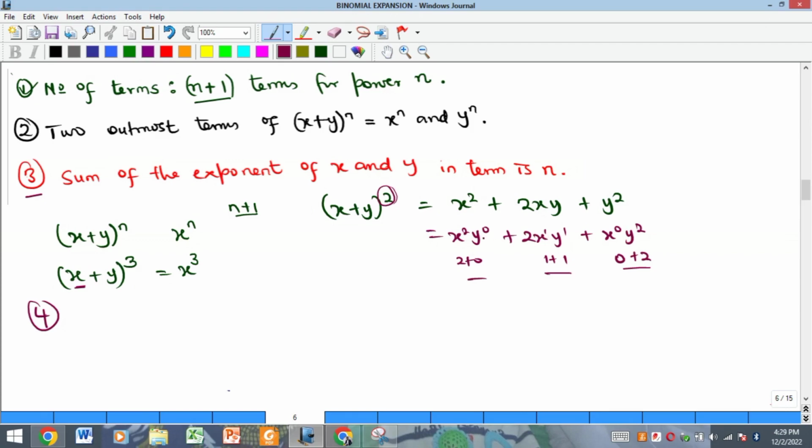And then the power of the second one will start from 0, and it will keep increasing by 1 until it gets to the highest power. And one beautiful thing is that by the time it gets to the last term, the power of x will be 0, and the power of y will be the highest, which here is 2. So these are the 4 critical things to note on how to generate the different terms that will be present in any expansion.